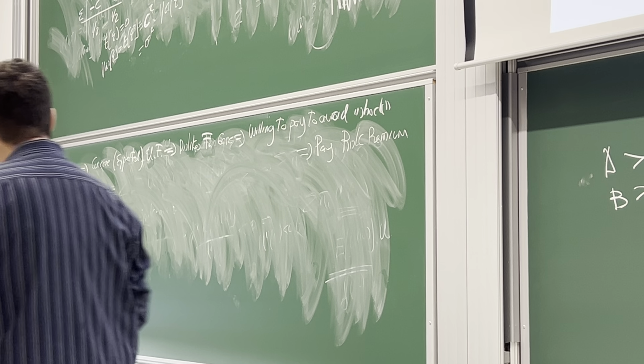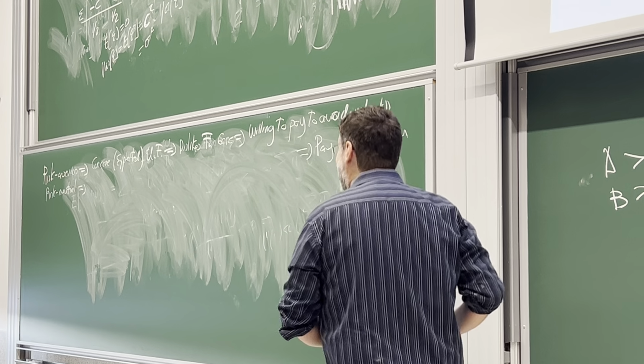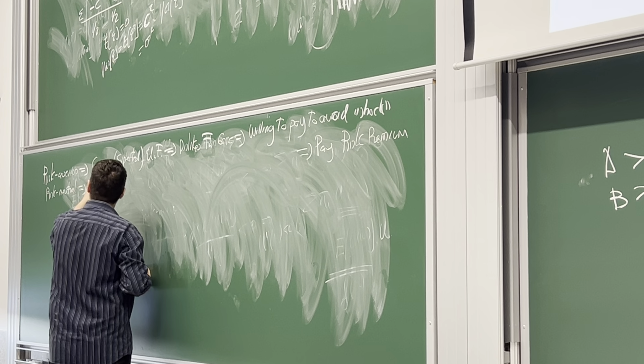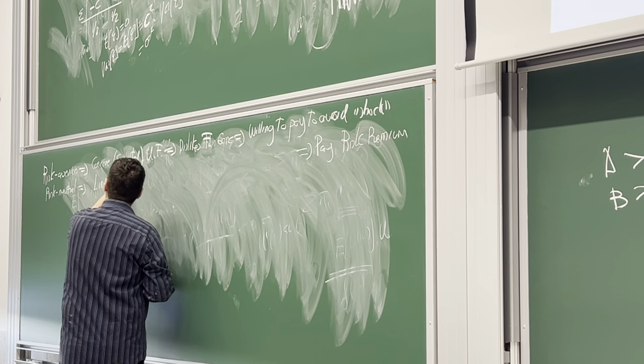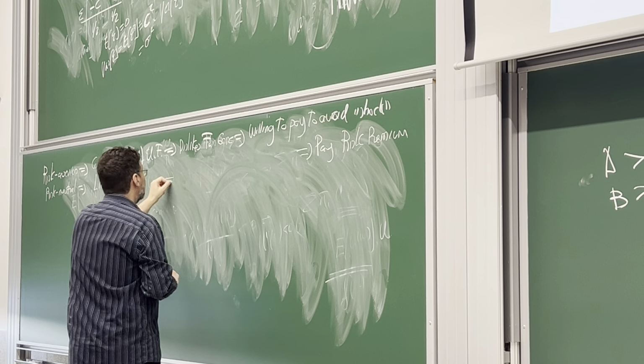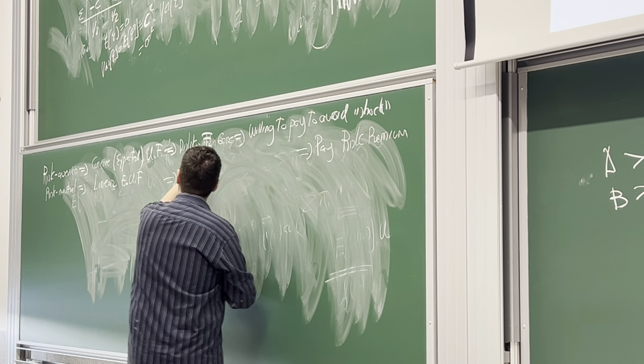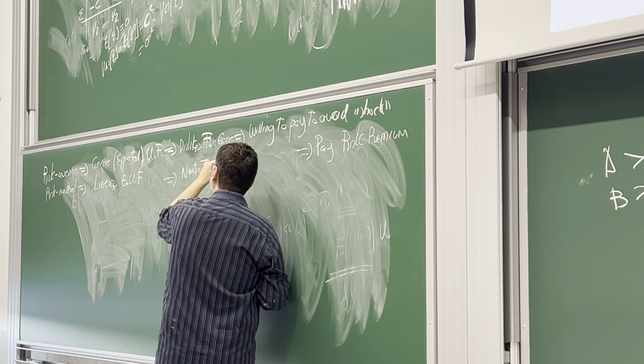A risk-neutral guy is someone who has a linear expected utility function. It's not concave, it's linear. That guy is kind of neutral to a fair game. So for him it's okay.